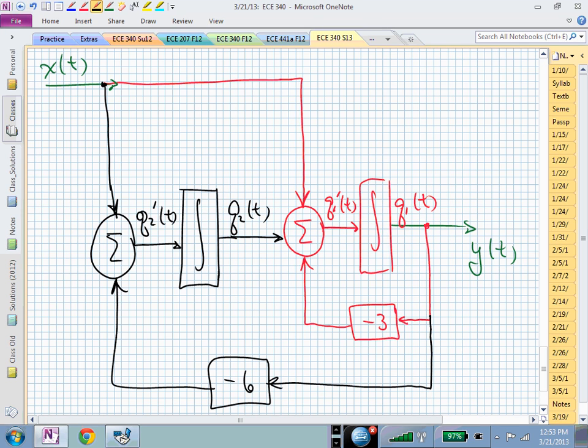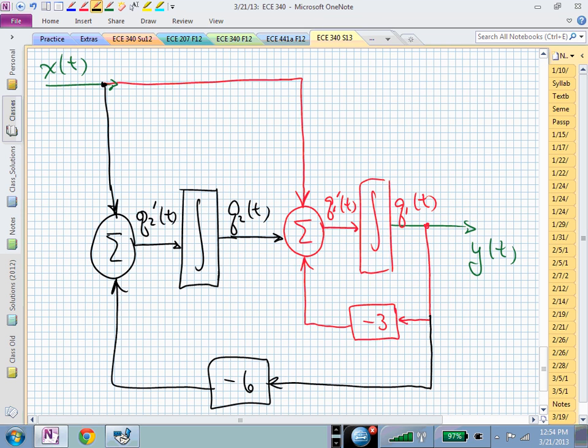Yes, sir? Is it not convention, I guess, to just pull a wire off the negative 3 plug and multiply that by 2? So the question I think was, can I just come from the minus 3 point here that's just a little bit to the left of minus 3 and scale it by 2 and feed it in to this summing junction?